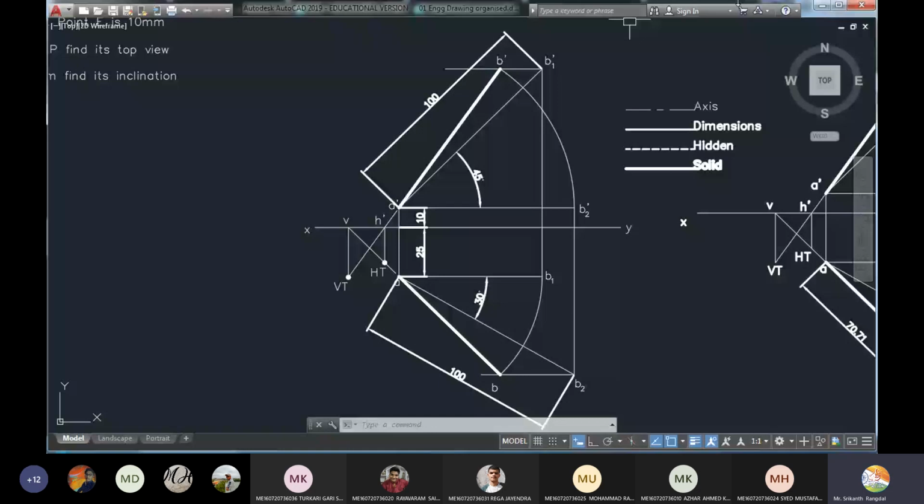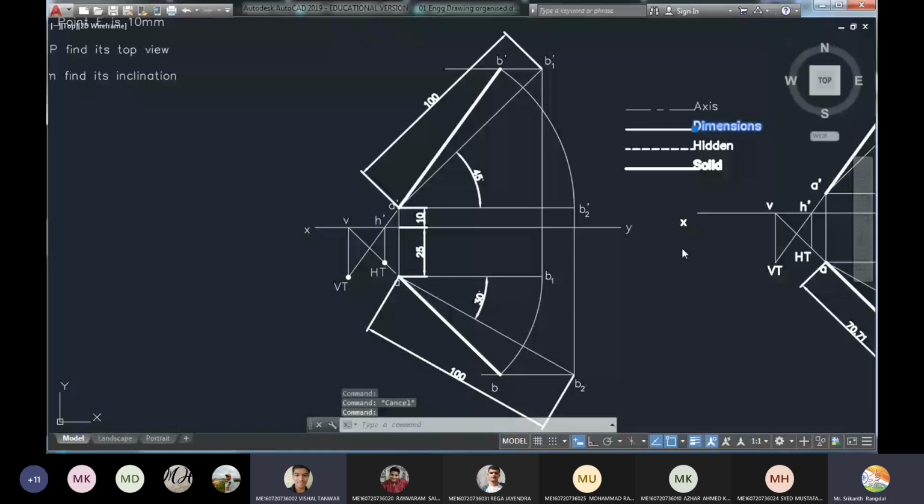So others, please identify what are the different parts. What is AB? The top view, sir.